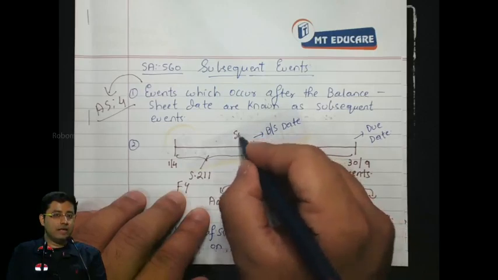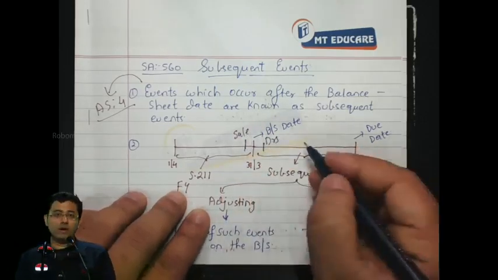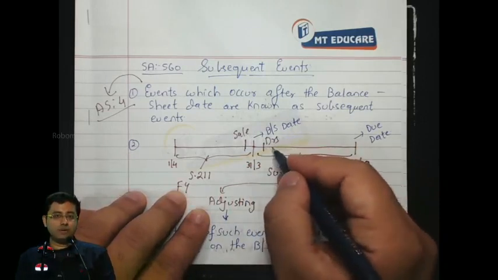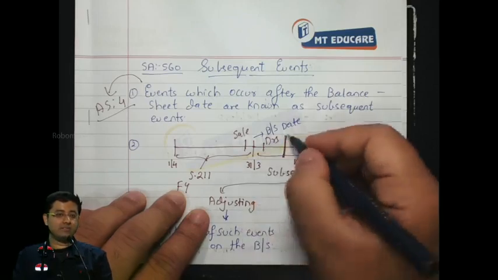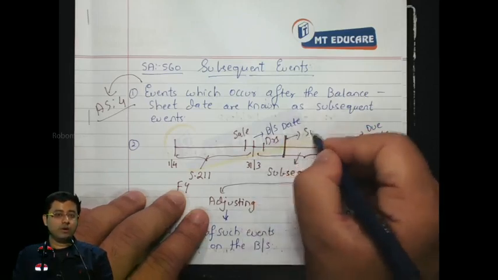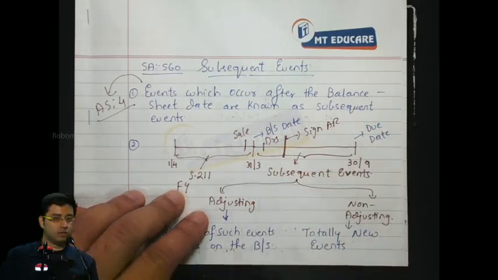So you made a sale here and you are receiving money from the debtors in this period. Now suppose the auditor, after the debtor has made you the payment, is going to sign his audit report.